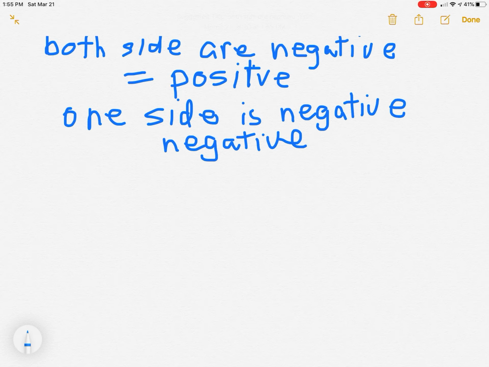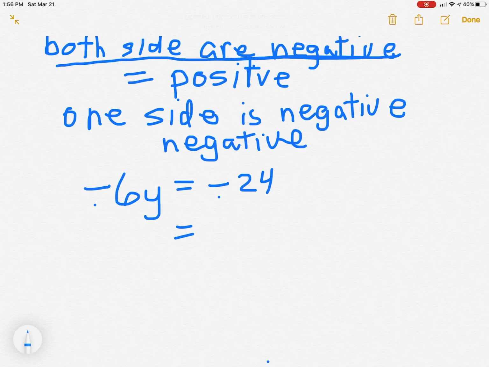Okay, so let's do a minus 6y. We're not talking about addition or subtraction here. Is equal to minus 24. Both sides are negative, so the answer has to be positive.